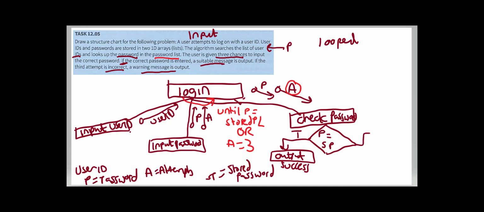Now, before we can do access denied, we need to check to see if they've had 3 goes. So we're going to do, does the number of attempts, so we called it A, didn't we, for number of attempts? So if A equals 3, then we're going to say output denied.